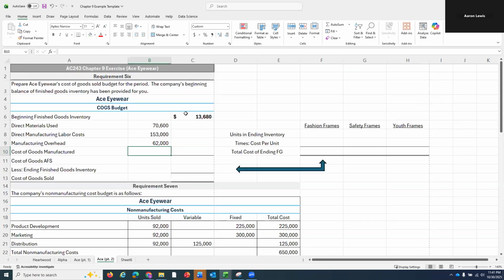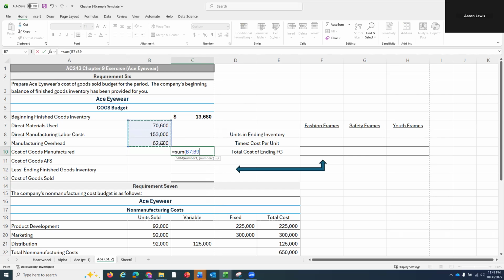So all in all, during the period, we are expecting to incur $70,600 in material costs, $153,000 in labor costs, $62,000 in overhead costs. Well, you add all those numbers together, and our total cost of manufacturing goods is going to be $285,600.